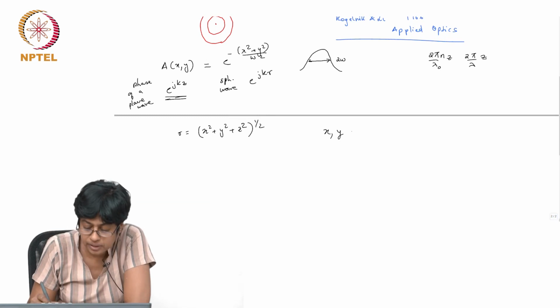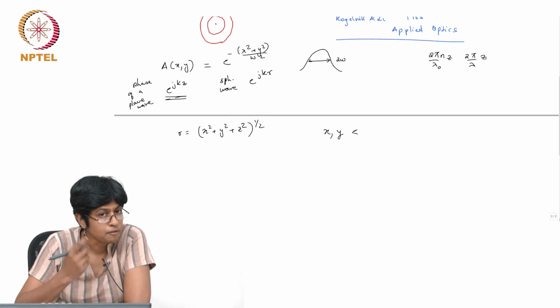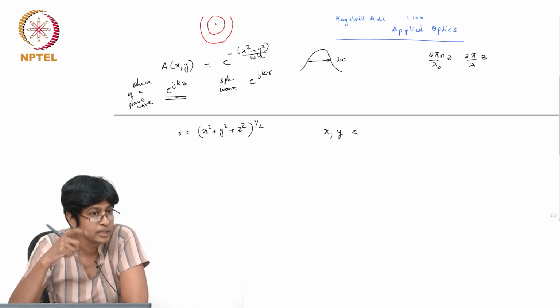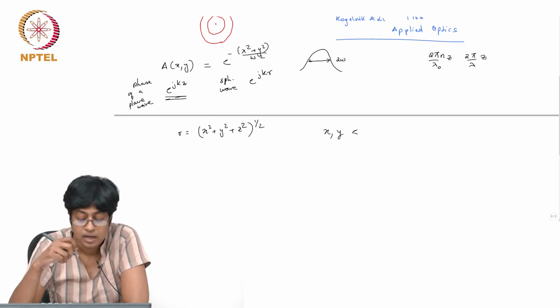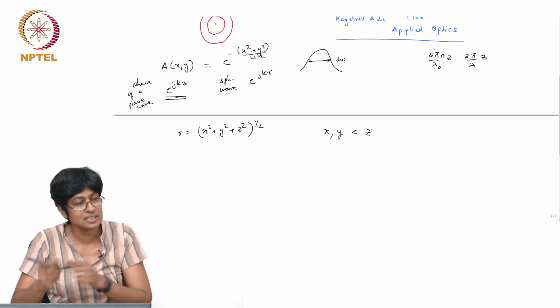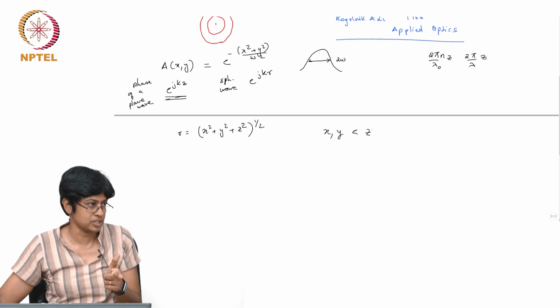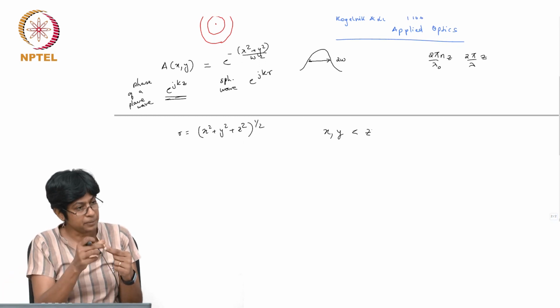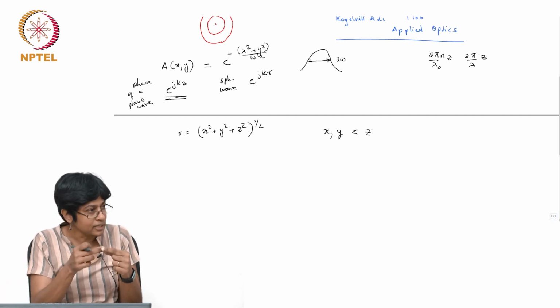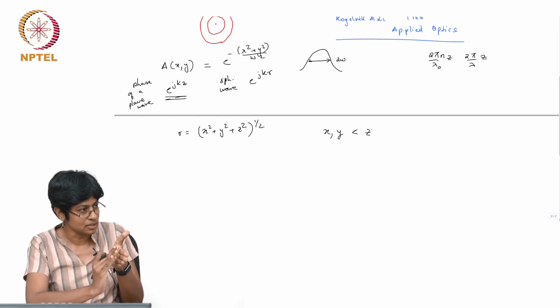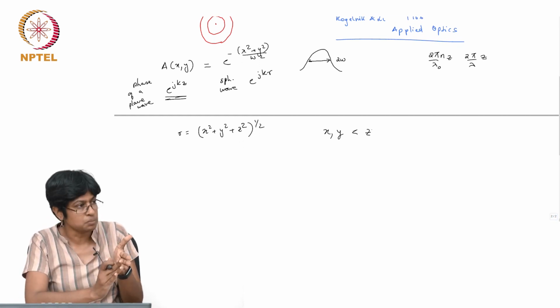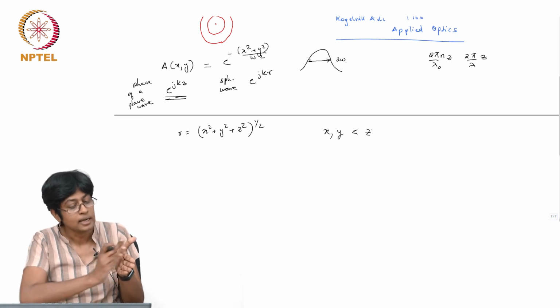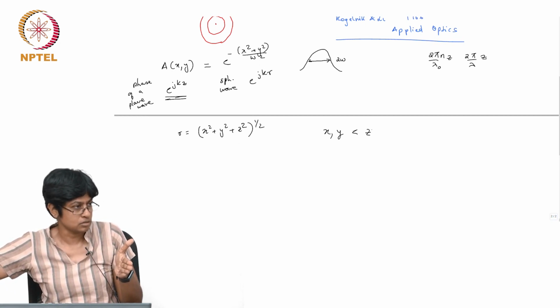So it's a good assumption to say that the variables x and y are going to be much less than the distance over which the wave is traveling. The beam is spread over a very finite lateral distance, and those parameters are small compared to the distance traveled.